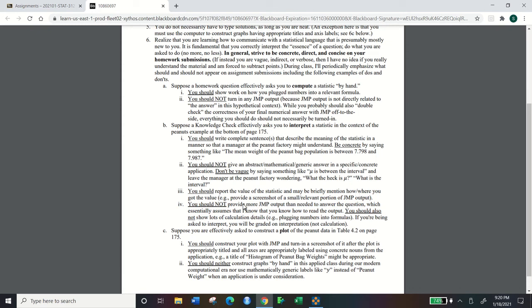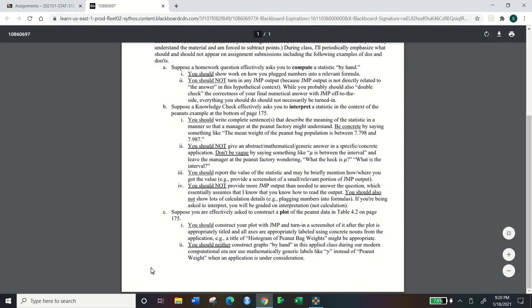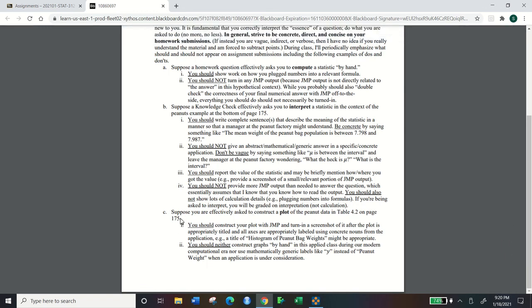Again, please don't give me just a bunch of JMP output and say, well, the answer's there somewhere, I'm just going to leave it for her to find. Again, if you're not specific, I assume you don't know what you're talking about. So please don't be in that position. If you're worried that your answers aren't concrete enough, or you're giving me too much JMP output, ask. Send me a picture of your homework, and I can tell you pretty quickly if you're headed in the right or wrong direction.